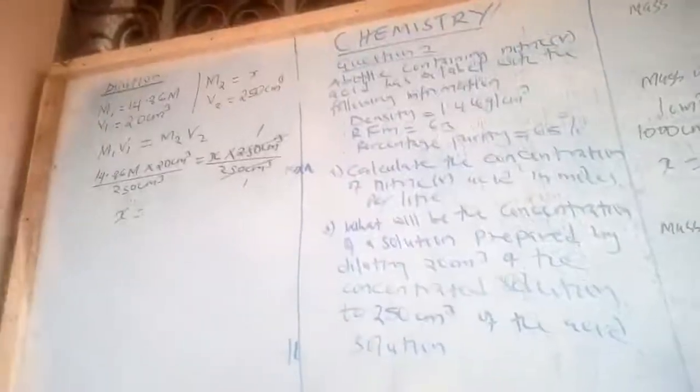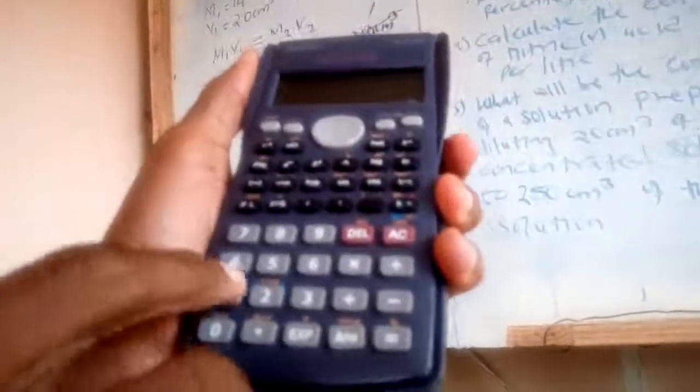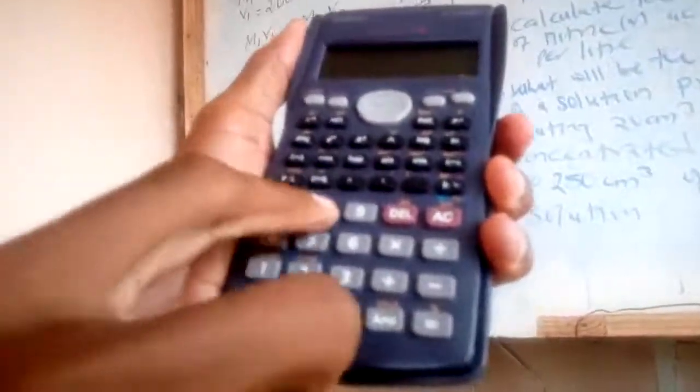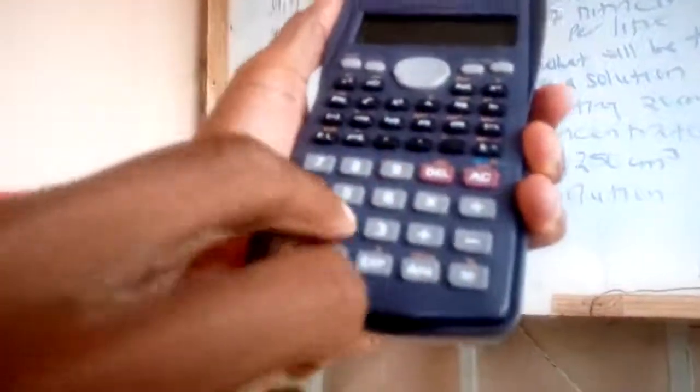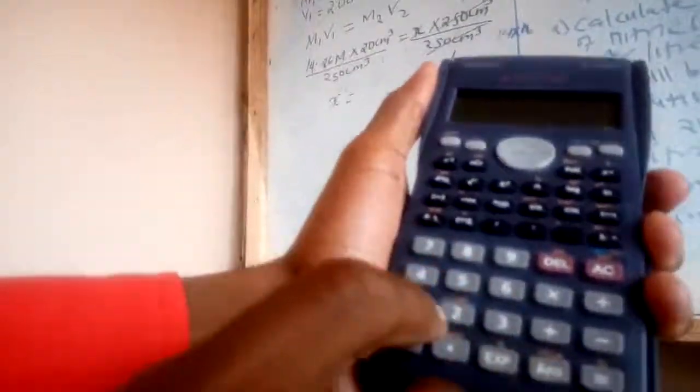I'm going to go to the calculator and I will show you: 14.86, I multiply by 20, then I divide by 250.